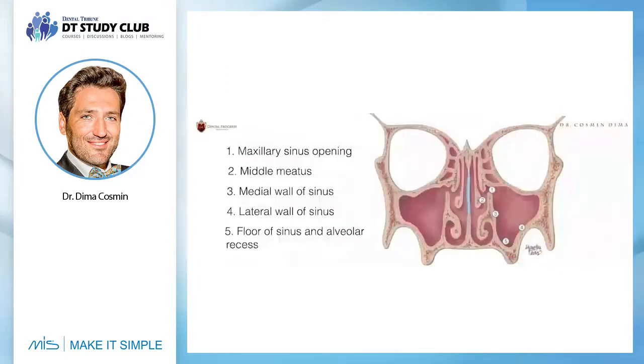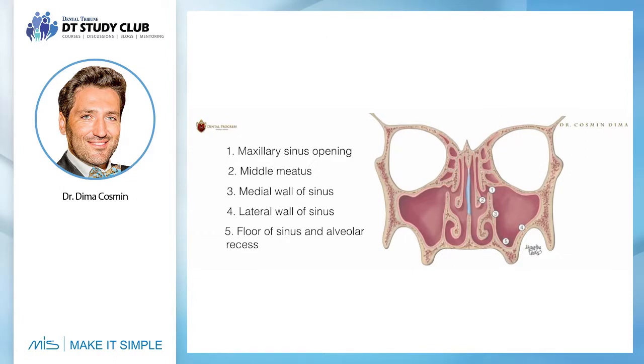There are some important landmarks, like you can see in this picture, that we have to know about. The first one is the maxillary sinus opening, also called the ostium, which is very important, and I will detail a little bit later why. The middle meatus and medial wall of the sinus are also very important, and I will show you a little bit later why.